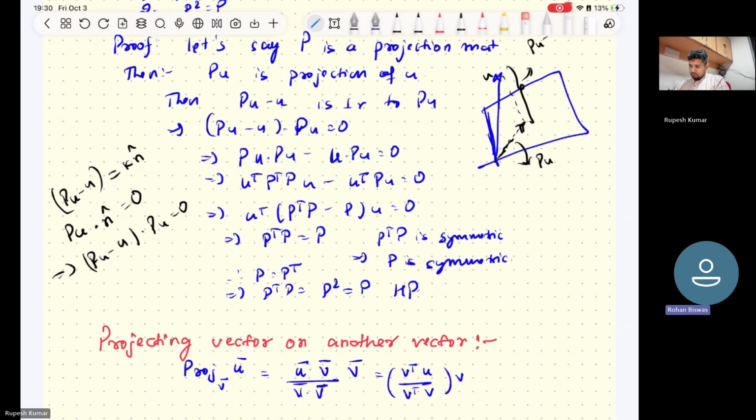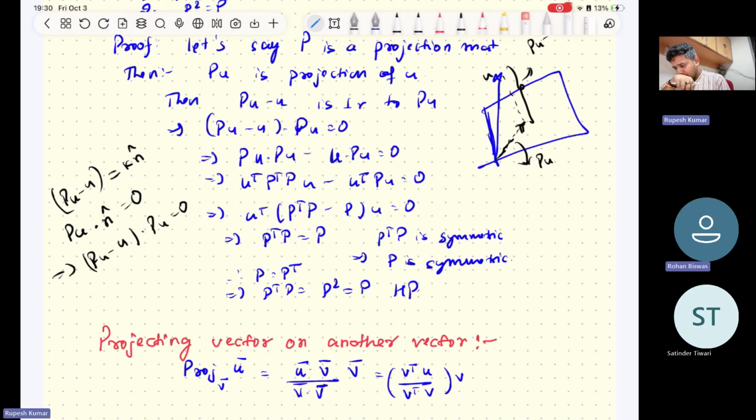Okay, yeah, this calculation I understood. I was thinking of it this way: a projection matrix represents a transformation. Earlier the vector u, which was not in the column space, I multiplied it with a matrix and suddenly it became in the column space.